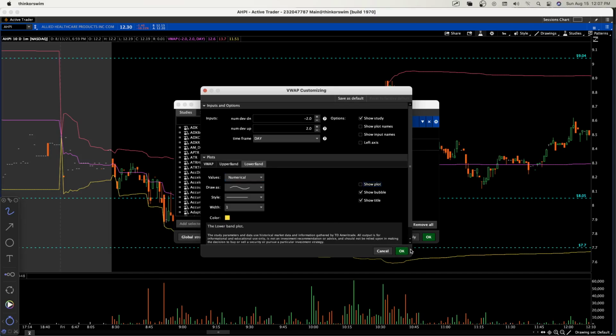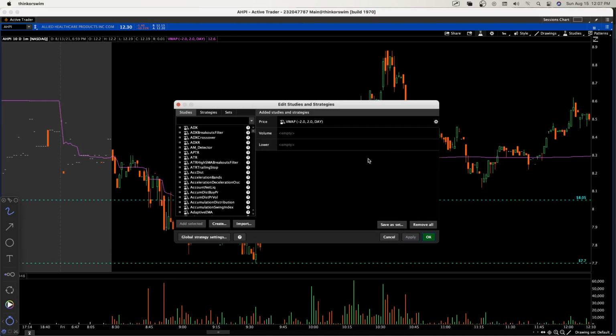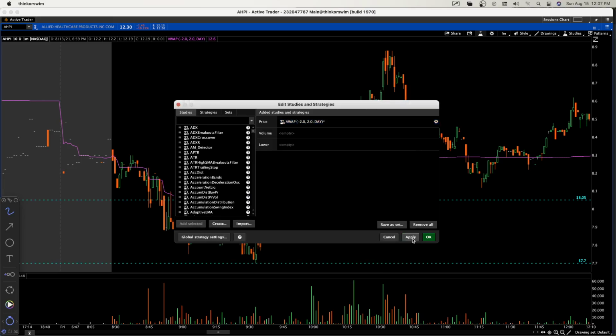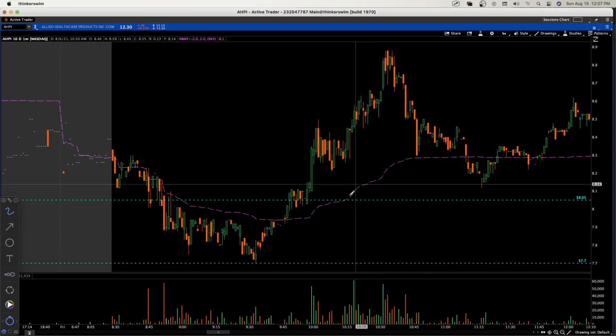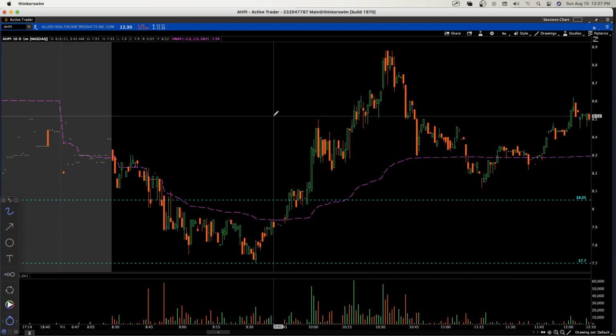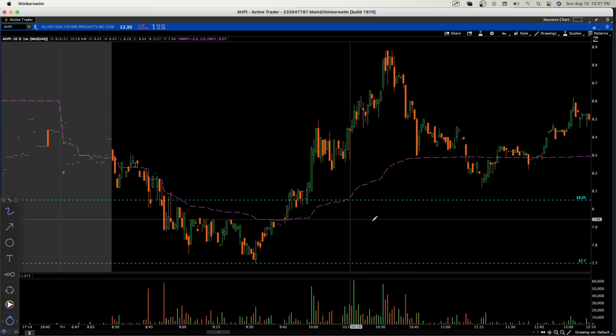I'm only focused on the middle band, which is the one that's calculated correctly. What I do with mine is I make it a dotted line, but it's totally up to you how you want to do it. That is how my VWAP looks on my charts. It's that color, dotted, and I don't have the upper and lower band. So that's how you set it up on your chart.